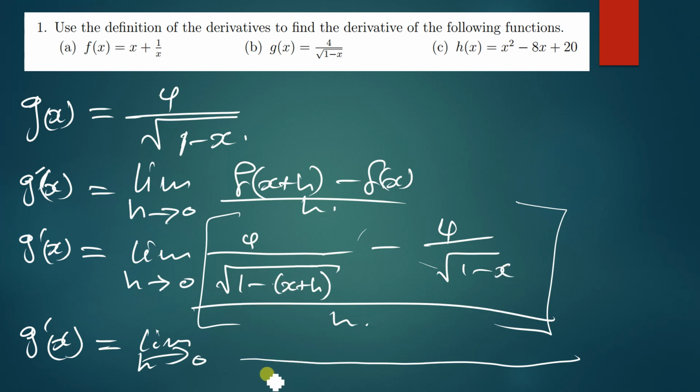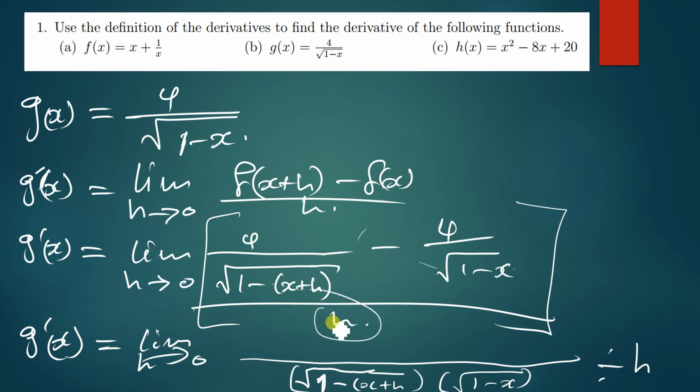The common denominator will be this times that, which is just the same as multiplying what is inside there times that. Or if you want, you can just say the square root of 1 minus x plus h times the square root of 1 minus x. So this is what we have, and then everything is being divided by h, this h here.